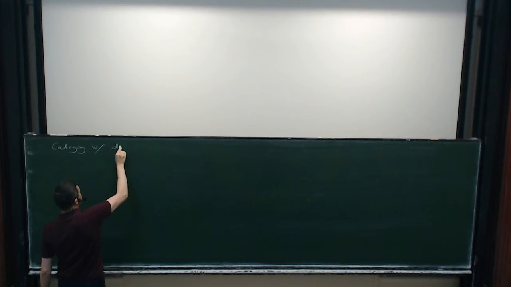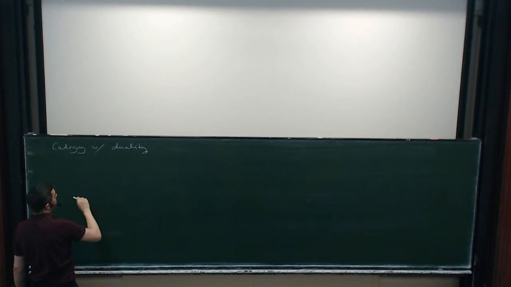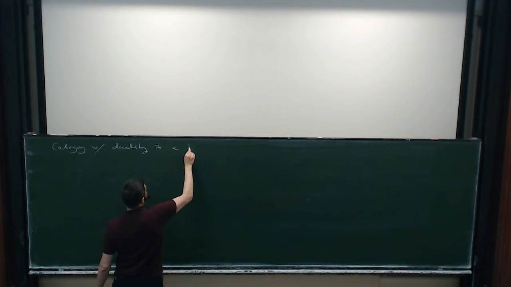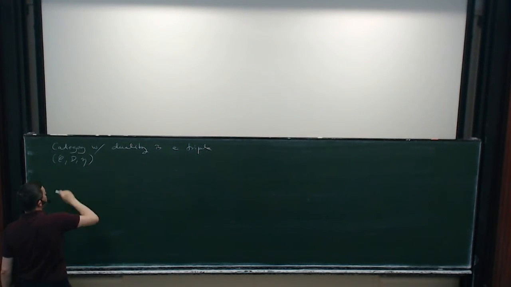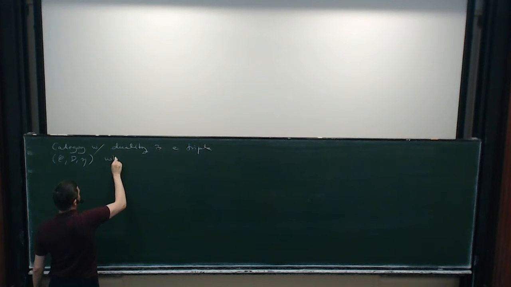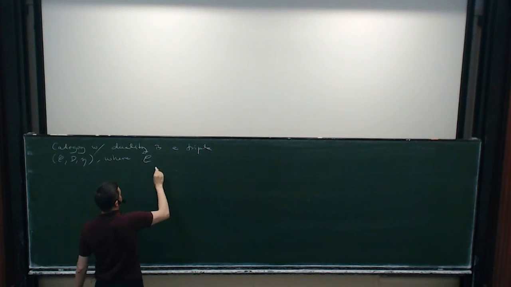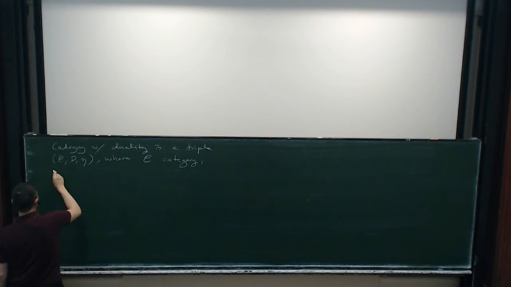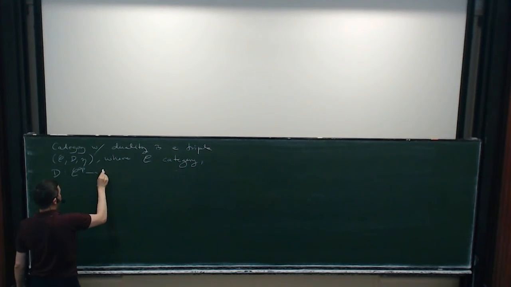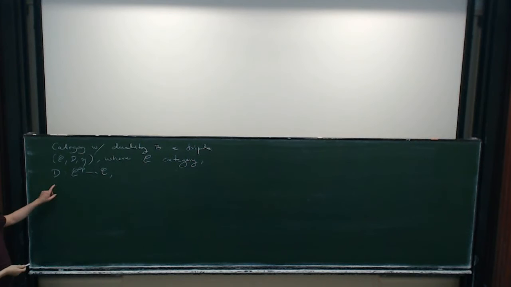A category with duality is a triple (C, D, eta), where C is a category, D is a functor from C to C up. Marco called this star, but I don't like my functors to have such a name, so I call it D instead.